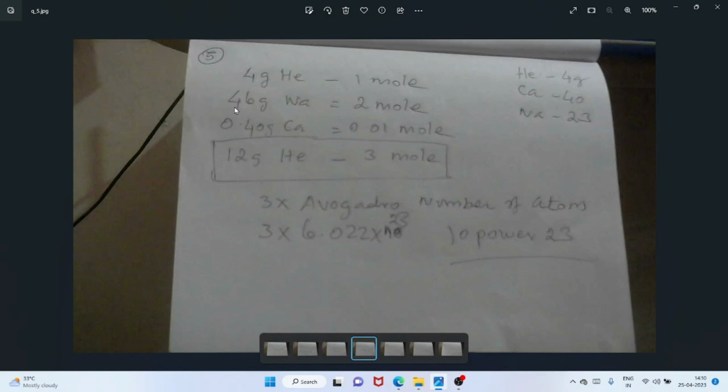Okay, so 4 gram of helium is 1 mole, because 4 gram is the molar mass of helium, and 12 gram will have 3 mole, and 3 into 6.022 into 10 power 23 is the Avogadro number. Okay, so this will have the highest number of atoms.